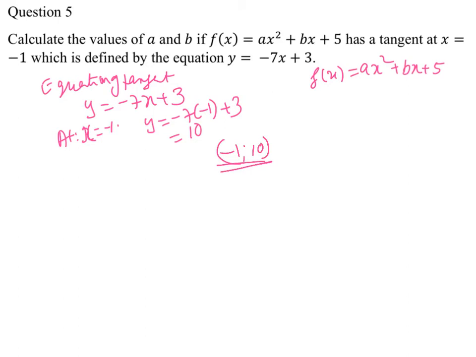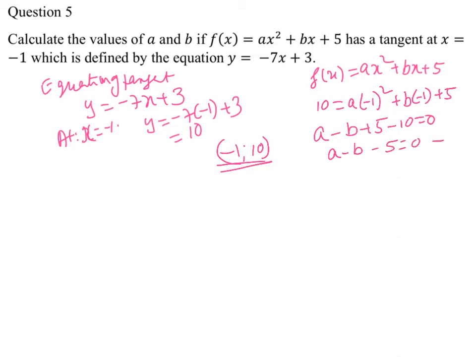Therefore, 10 is equal to a times (-1) squared plus b times -1 plus 5. Now I can simplify this. So it is a minus b plus 5 minus 10 equals 0, or a minus b minus 5 equals 0. So I get this first equation in a and b.